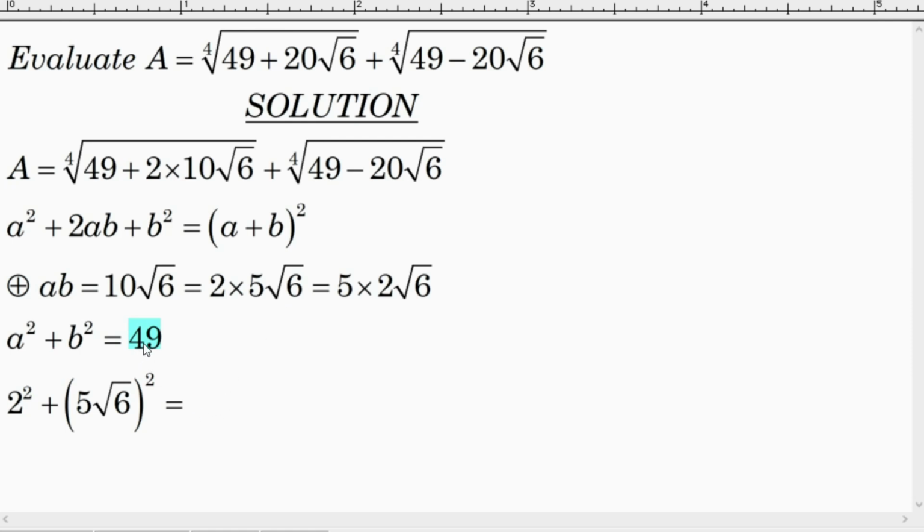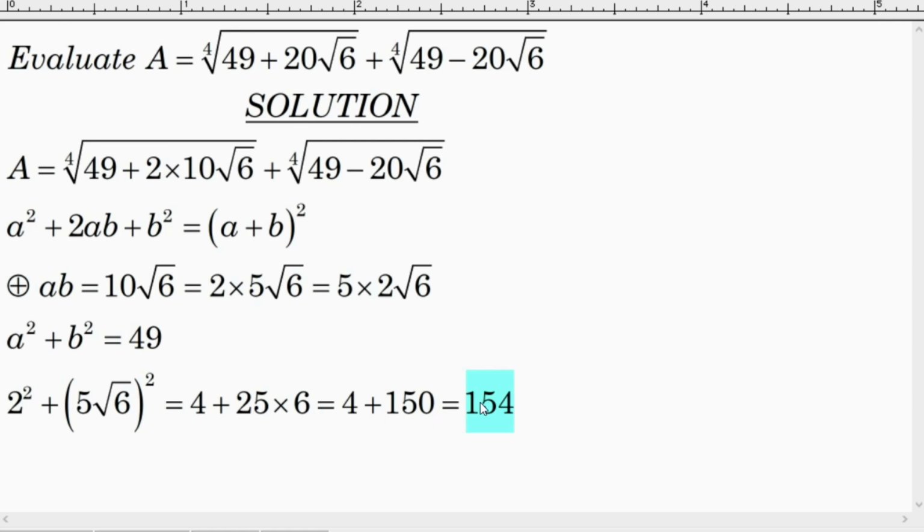But if it is not equal to 49, then we don't take these values. Here we have 2 square equal to 4, plus 5 square equal to 25 times the square root of 6 squared, which is 6. So 25 times 6 is 150, and 4 plus 150 is equal to 154. So taking a equal to 2 and b equal to 5 square root of 6 is not correct, because it is equal to 154, not 49.